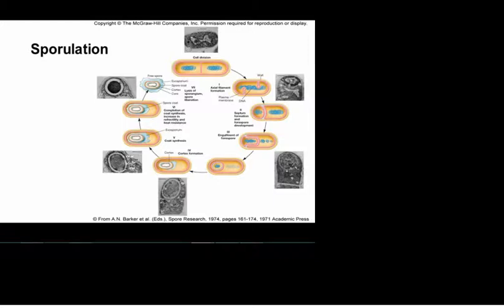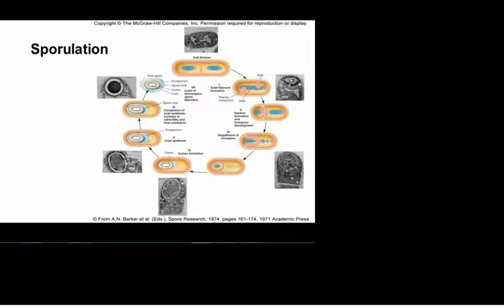And in the final step, the larger cell will die and destroy itself and release the endospore. So here you've got two things happening in bacteria that are very unusual, perhaps unexpected. The first is differentiation of two cell types.